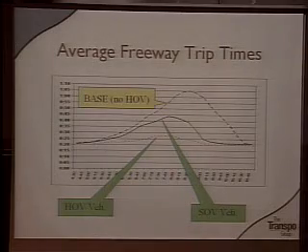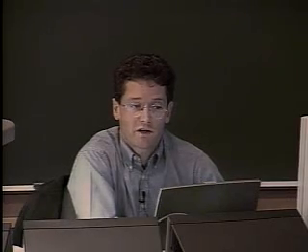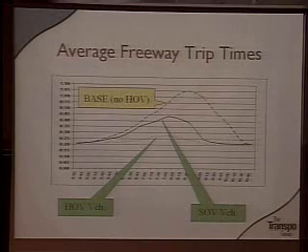This is showing you one thing that we can do in simulation, which is to look at the performance of different types of vehicles. In this case we were interested in the impacts of the HOV lane on the carpool vehicles versus the vehicles using the general purpose lanes, and also the effect of adding the HOV lane in general.